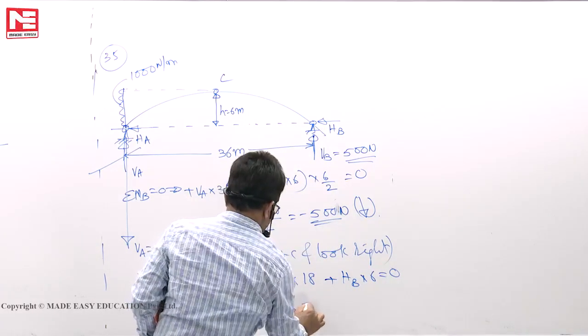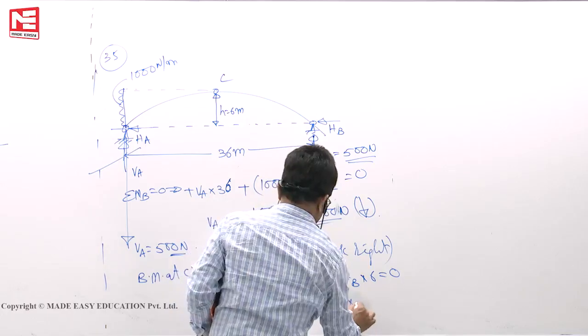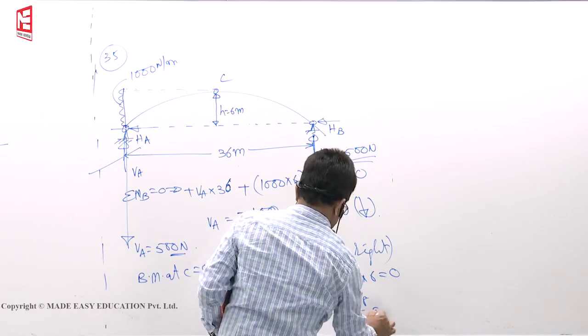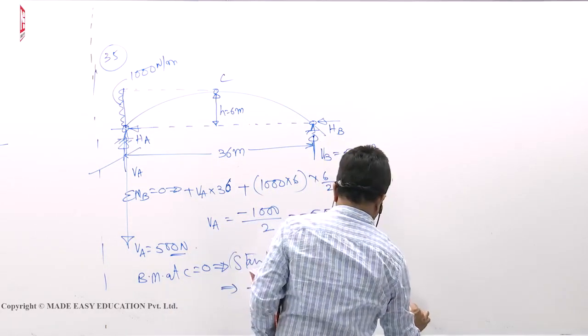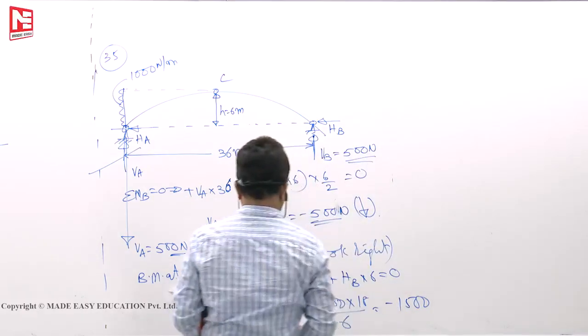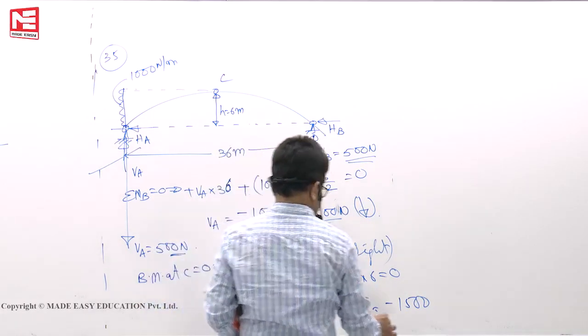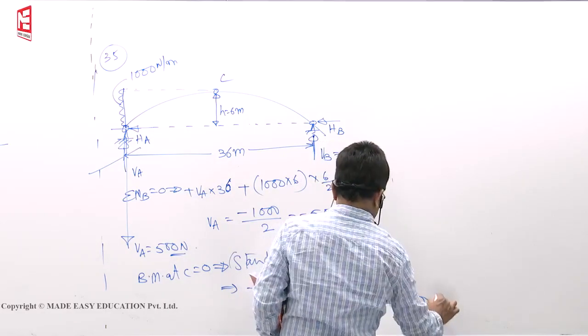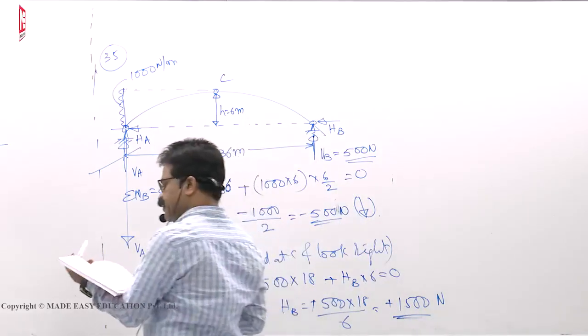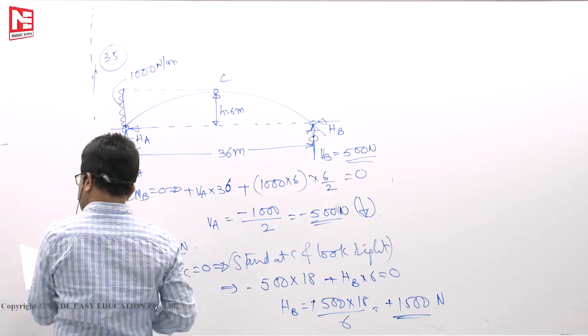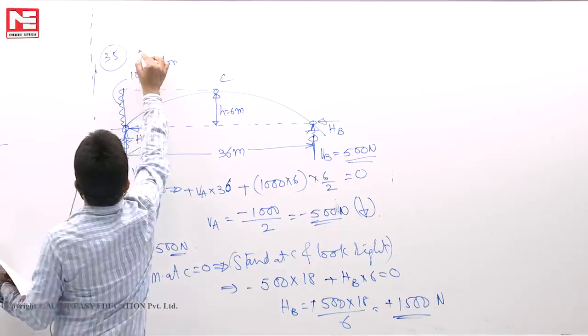So HB you will get: 500 into 18 by 6, which is 500 into 3, anti-clockwise and clockwise, so it becomes plus 1500 newton. So HB you will get around 1500 newton. So 35D is the option.